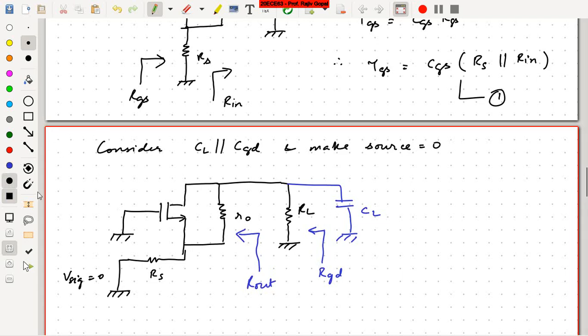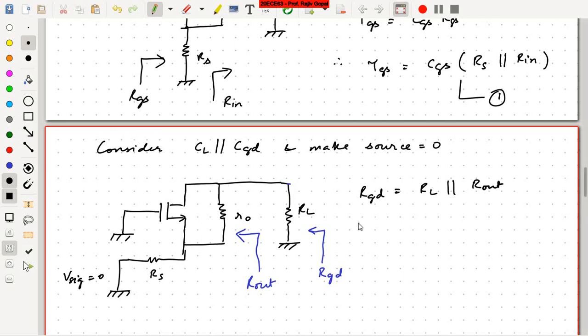From this you can clearly observe that for you to measure RGD, this resistance RL and this resistance R0 are both in parallel, right? So RGD is RL in parallel with R out.